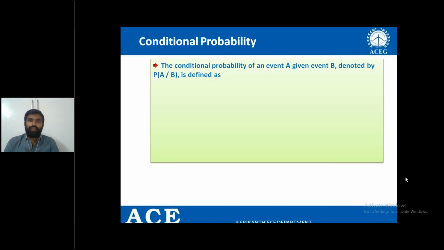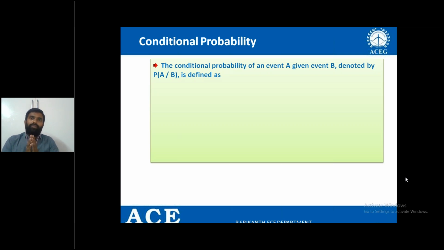For example, if I have two events, let me take event A and event B. Then you can denote the conditional probability as P of A given B. That A slash B must be read as A given B. So in the sense, the occurrence of event A depends on the occurrence of event B, right?